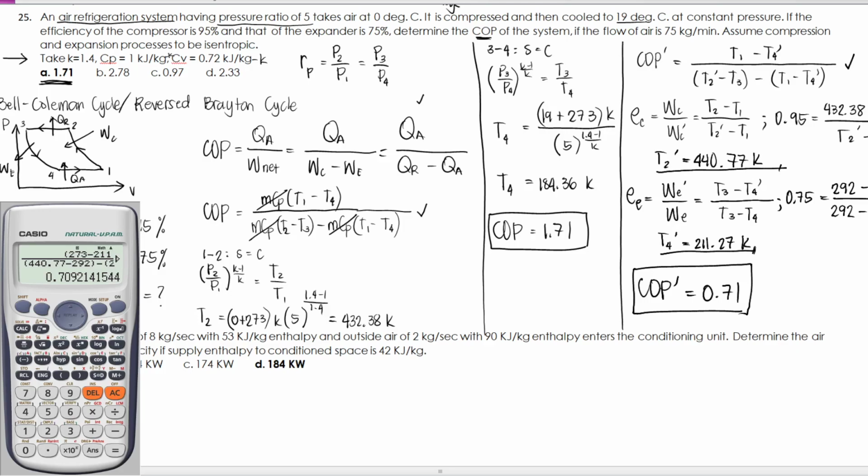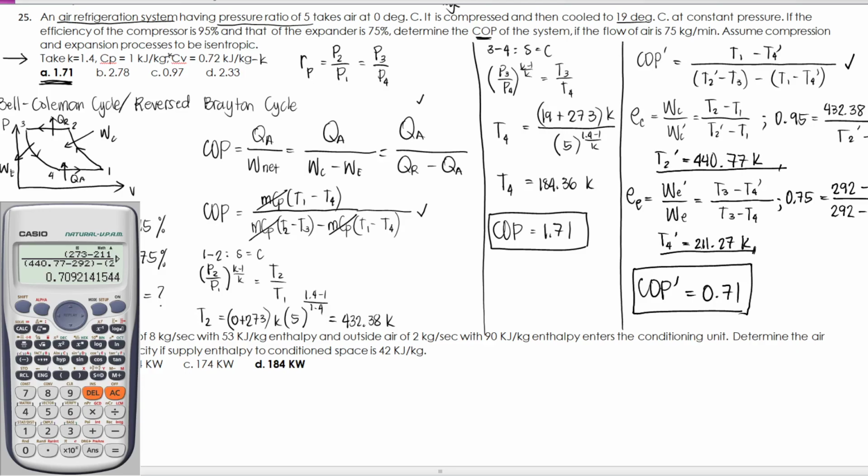Okay? Ayan, so kung gano'n ang mangyayari sa atin, halimbawa na ganito, may counter din natin yung ganitong problem. So, kuhanin na lang natin pareho. Okay, kuhanin nyo na lang pareho, theoretical at saka actual, at tingnan sa choices kung alin ba ang nandoon ang sagot.